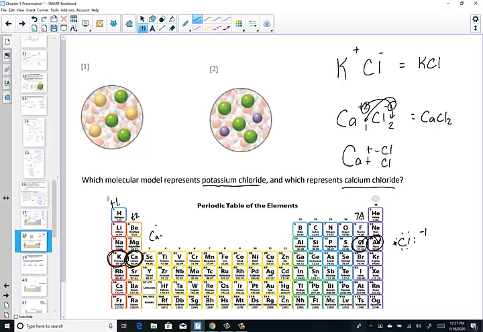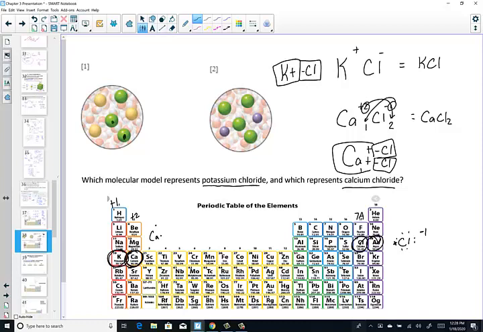It's going to take 2 separate chlorides, each at a -1, to balance 1 unit of a +2. Potassium is a +1. It's neutralized by just 1 chloride, a 1-to-1 ratio for KCl, where we had a 1-to-2 ratio for calcium chloride.